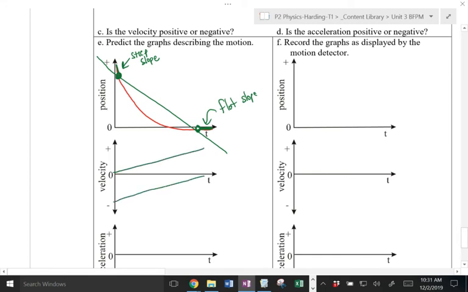I really need you to have a conversation with your neighbor. Which one of these four is the velocity versus time graph that corresponds with that position time graph?